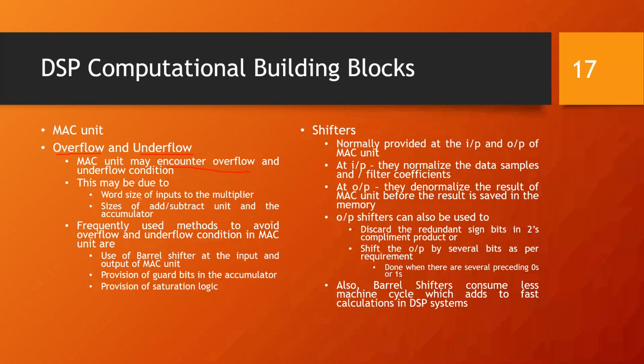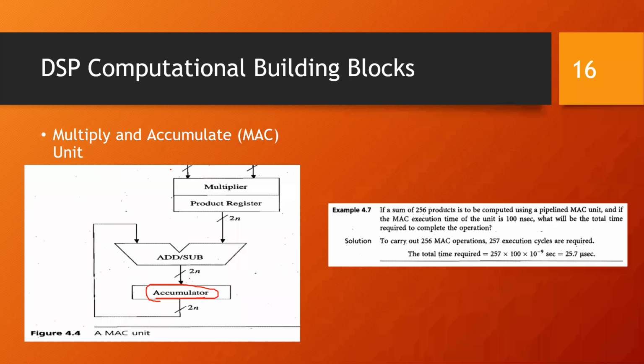This may be due to the word size present in the multiplier, and it is also due to the size of the add or subtract unit and the accumulator. So it is all relevant to this. Here it is n and n. It depends on how many bits this is operating on, and how many bits this can store.